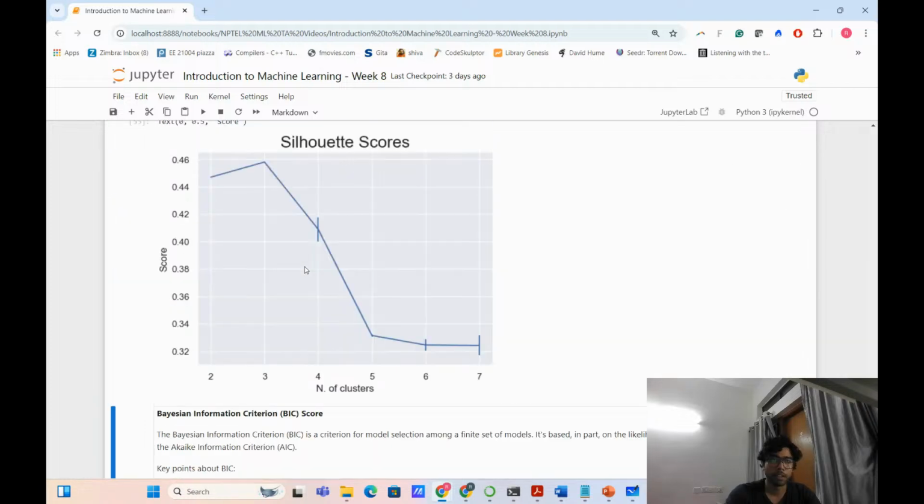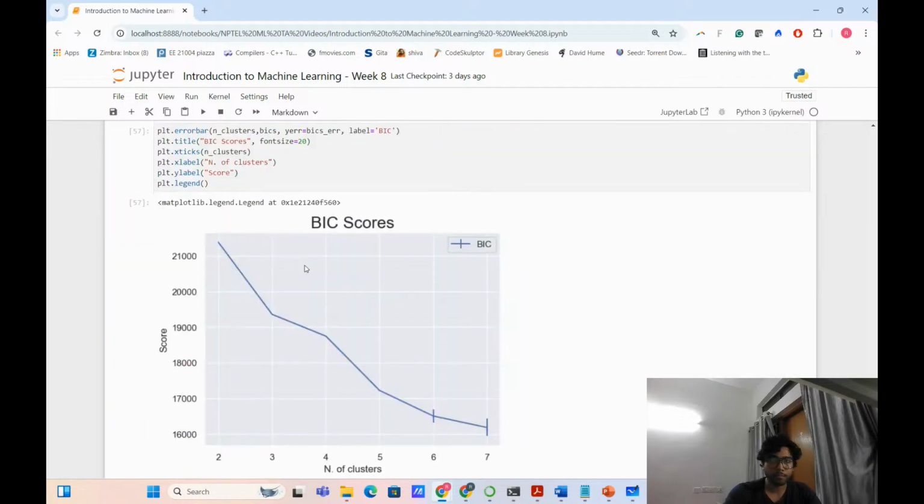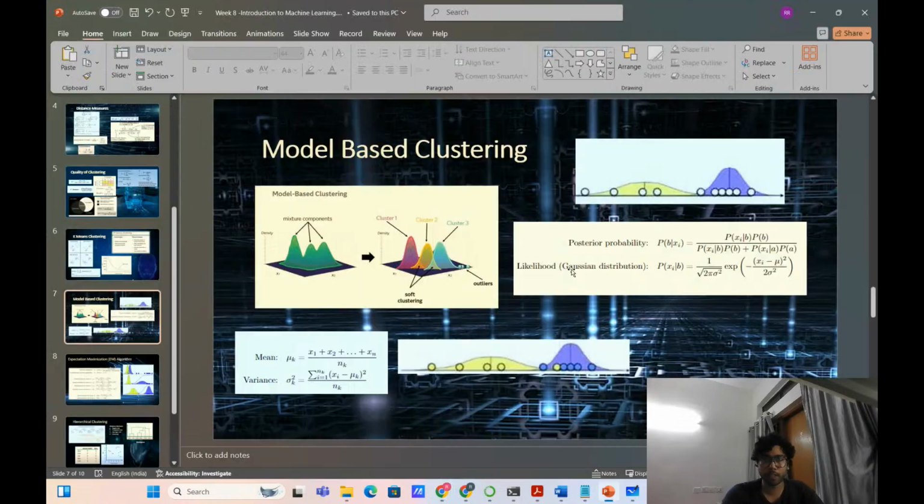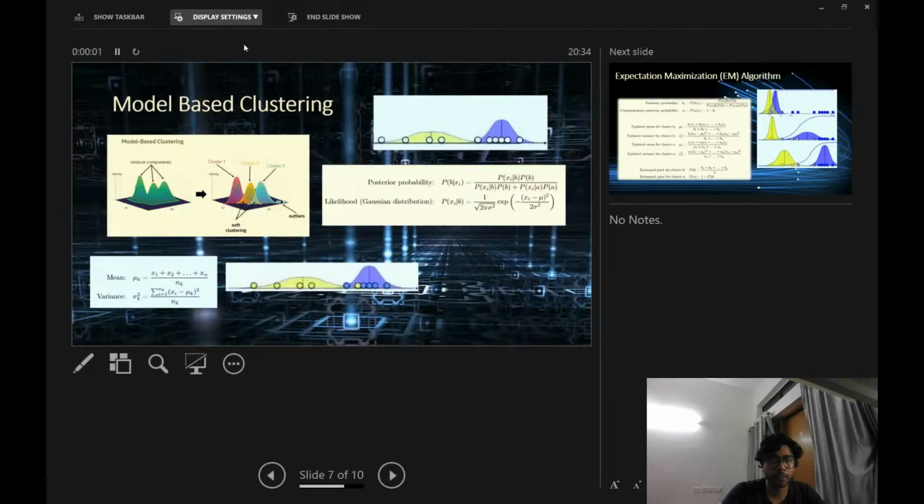But yeah, I will move on to the next part, which is agglomerative clustering.